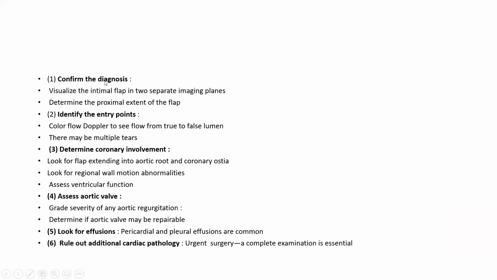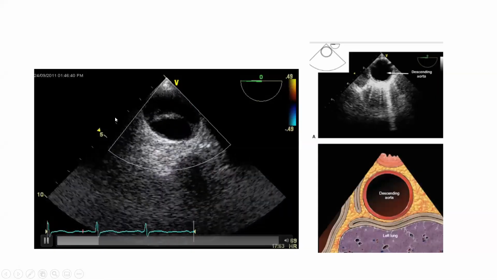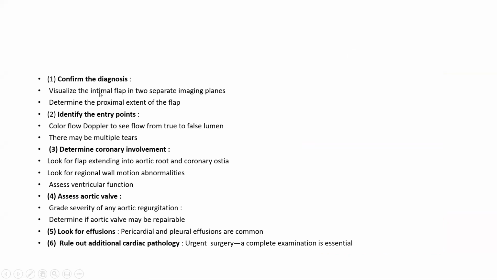In TEE, if you have dissection, of course, you have to do 5 or 6 things. You have to first confirm the diagnosis of dissection by seeing the dissection flap in 2 views at least. Identify the entry points and the exit points. The entry point is very important: when you close it, you stop the progression of the dissection.